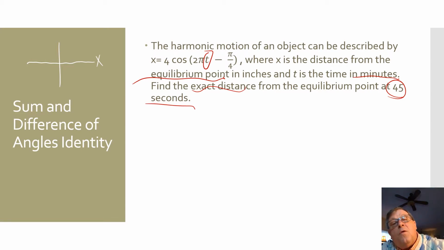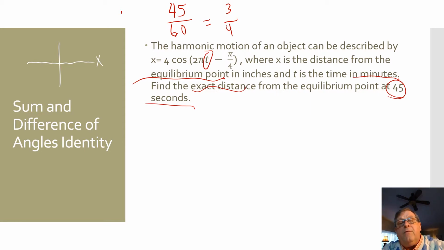There are 60 seconds in a minute, so 45 over 60, and I could reduce this. That's the same as 3 over 4.